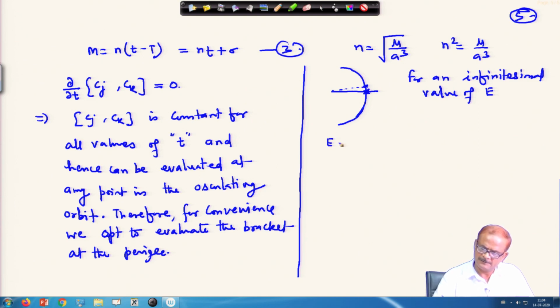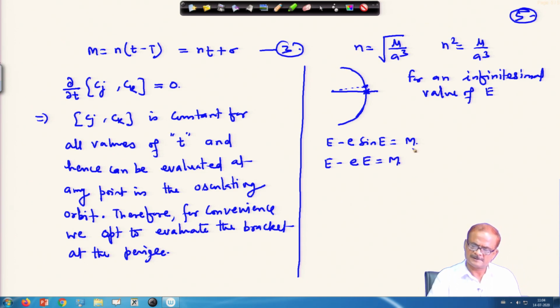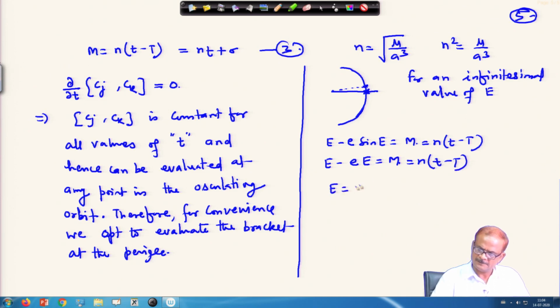So E minus e sin E equal to M, and if we expand it, this can simply be written as E minus e E equal to M, equal to n t minus tau, and therefore from this E can be written as n t minus tau divided by 1 minus e.